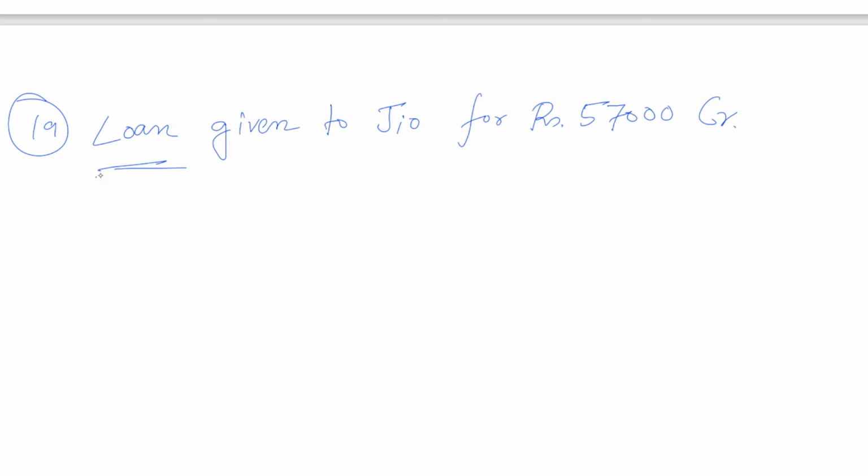So this loan that we have given, what is it? This loan is not a liability, this loan is an asset. Loan given, no? So how will we record this?